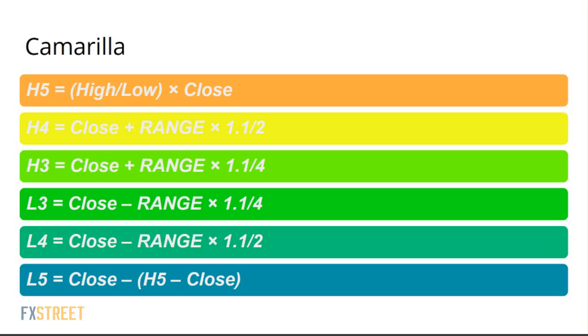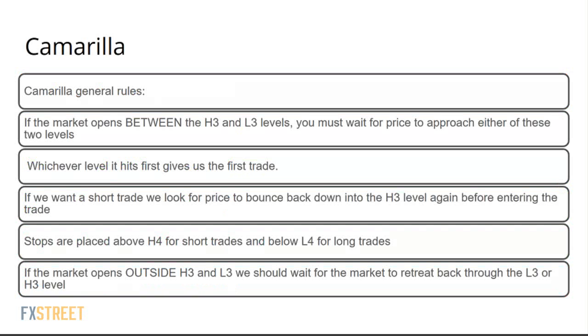Now, also what is important to say is that compared to other pivot points, in my opinion, Camarilla MACD is much better. This is the calculation that Camarilla uses, but within Camarilla we also have standard rules.